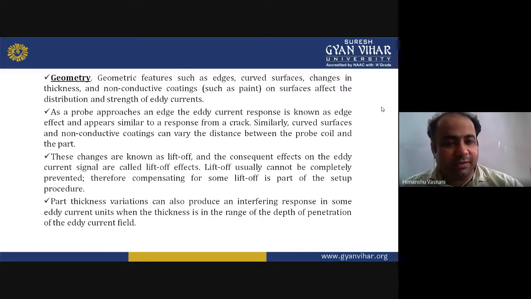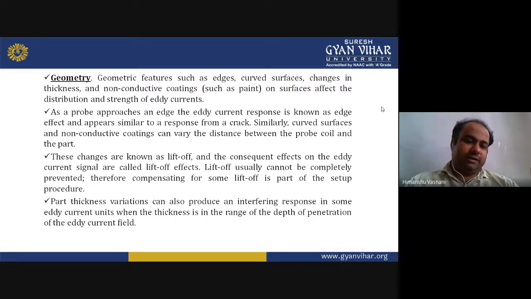Similarly, curved surfaces and non-conductive coatings can vary the distance between the probe coil and the part. These changes are known as lift-off, and the consequent effects on the eddy current signal are called lift-off effects.